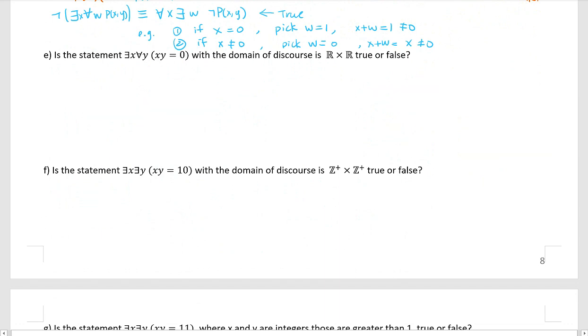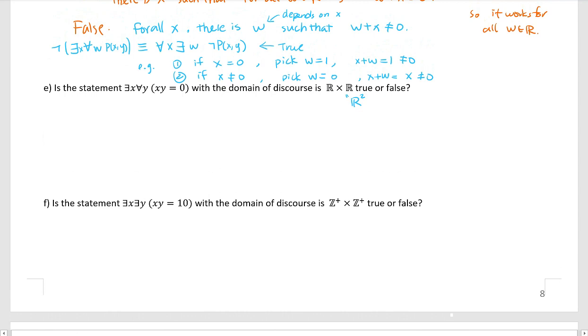Is the statement there exists x for all y, x times y equals 0, with the domain being the Cartesian product of R? Sometimes people call this guy R2. Okay.